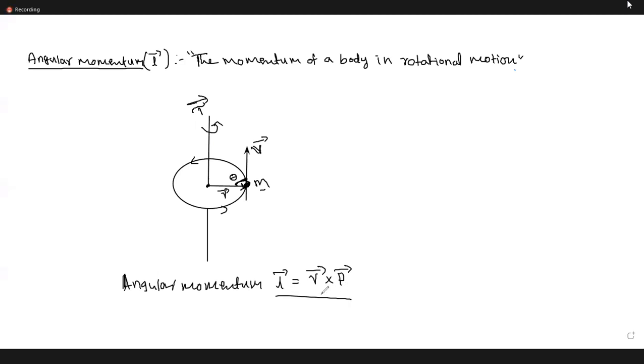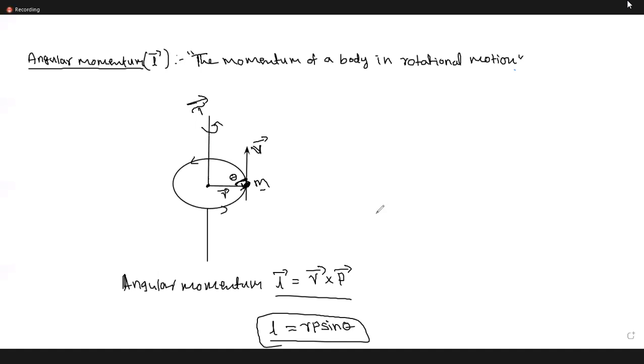L equals r cross p, and in terms of magnitude, L equals rp sin theta. It is a cross product, so sin theta. So this is the angular momentum.